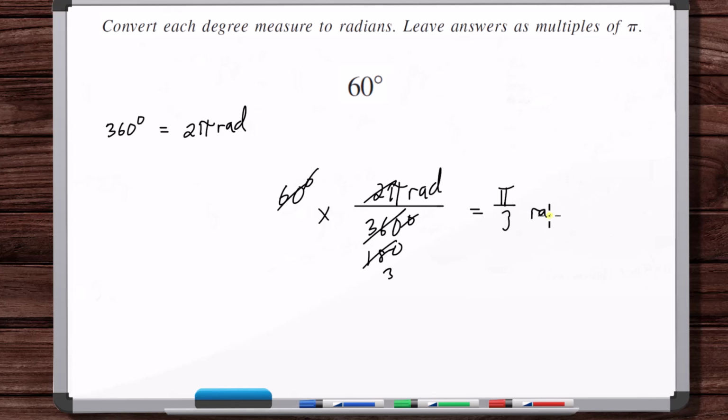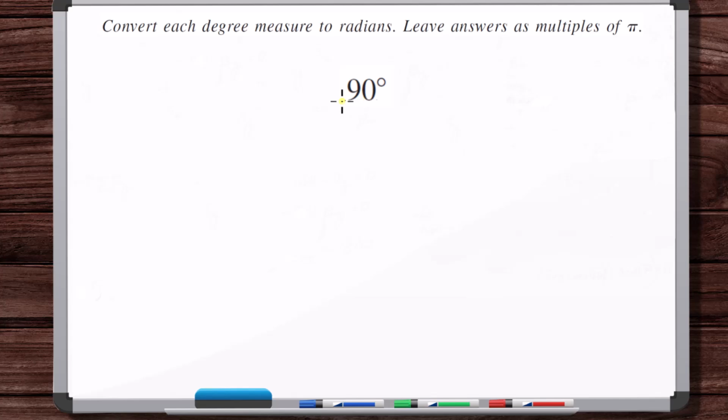You can either write it that way, or you could leave it with no units. That's fine. You can leave a radian measure unitless. You cannot do that with something like degrees because degrees is not unitless. Okay, 90 degrees. There are 360 degrees for every 2 pi radians. Or you could use the fact that there's pi radians for every 180 degrees, a half rotation. So the degrees cancel and you're left with radians, pi over 2.